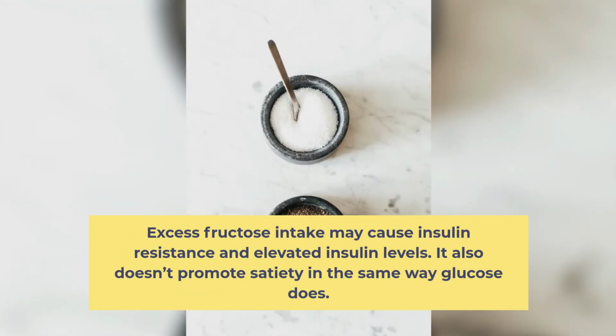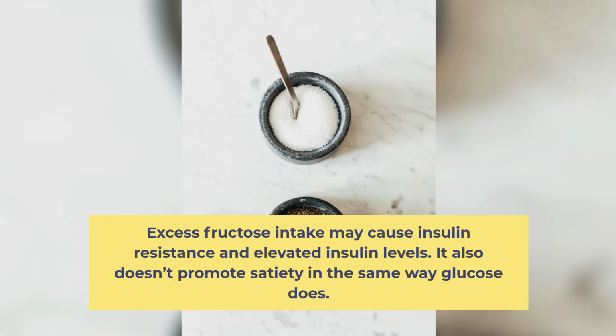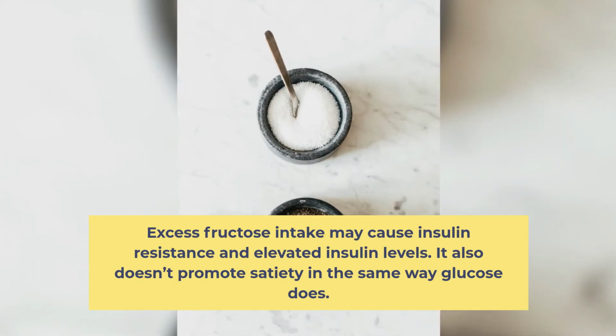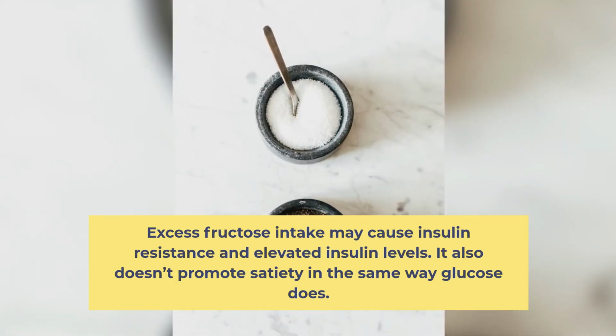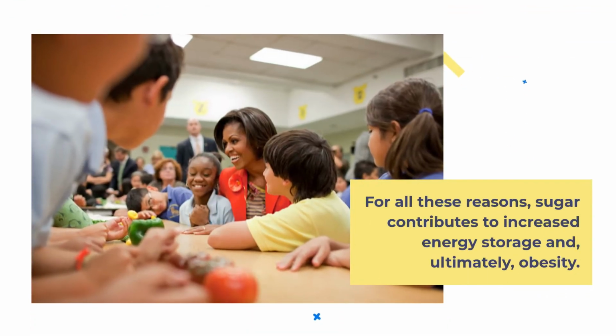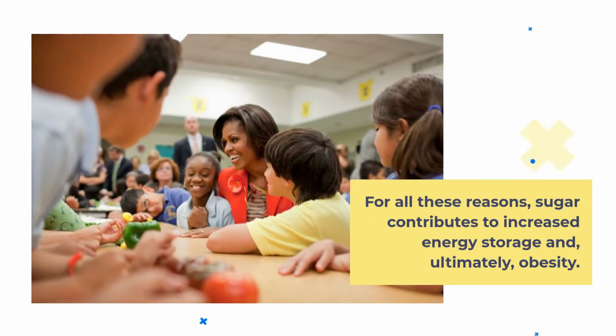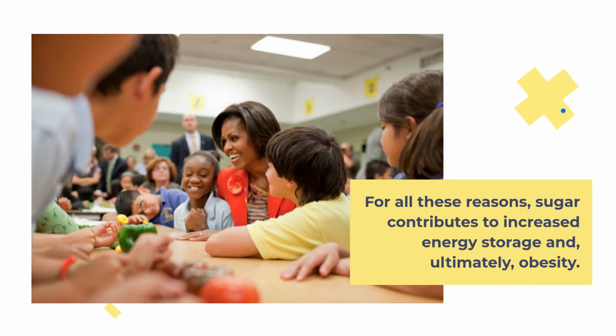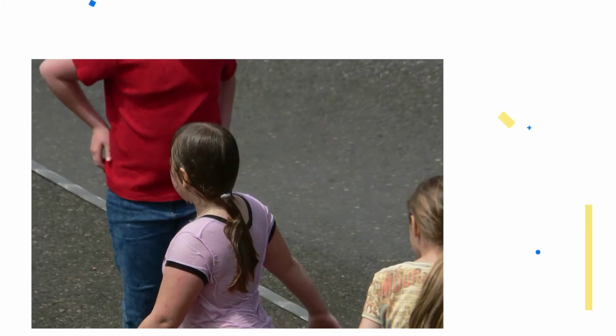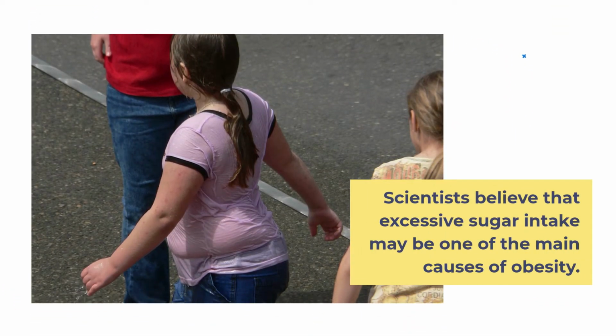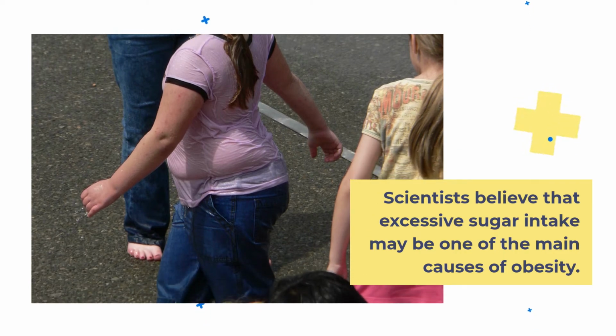Excess fructose intake may cause insulin resistance and elevated insulin levels. It also doesn't promote satiety in the same way glucose does. For all these reasons, sugar contributes to increased energy storage and, ultimately, obesity. Scientists believe that excessive sugar intake may be one of the main causes of obesity.